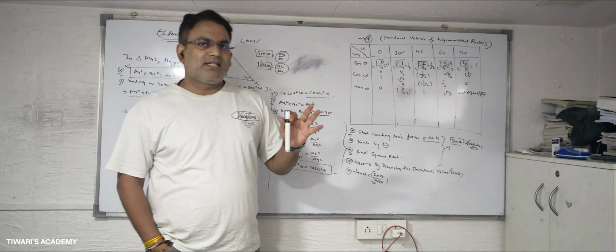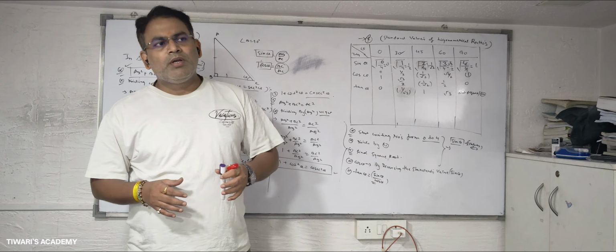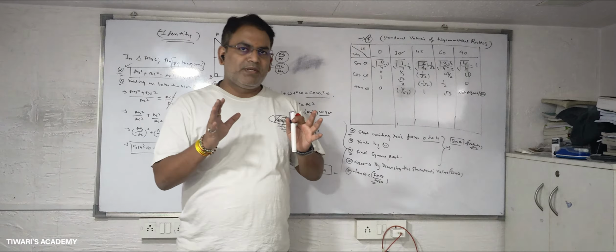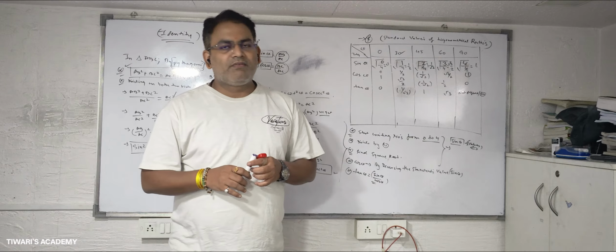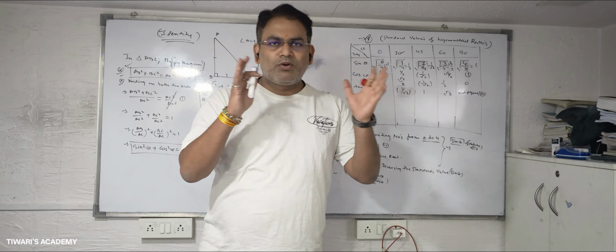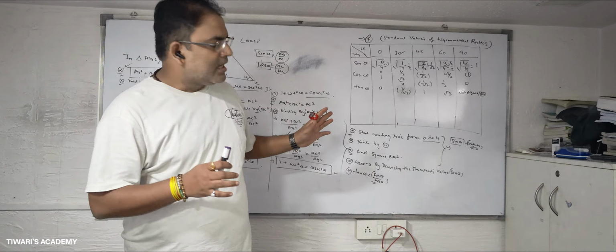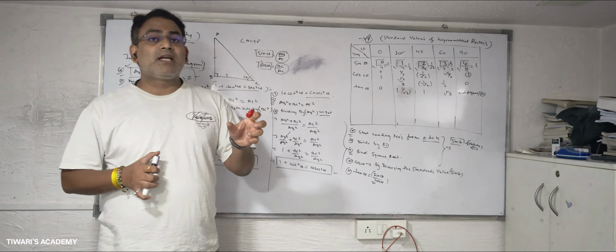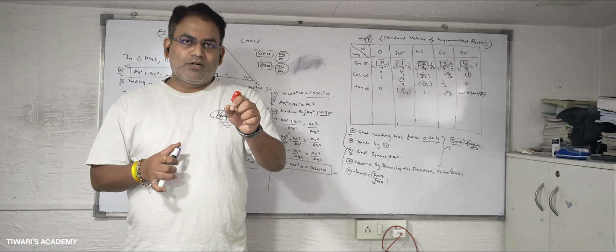I'm planning to do heights and distance in a separate video because it needs to be explained in a very particular way, as that is the application of trigonometrical ratios. I don't want to mix it right now, because these parts are introductory to trigonometry.